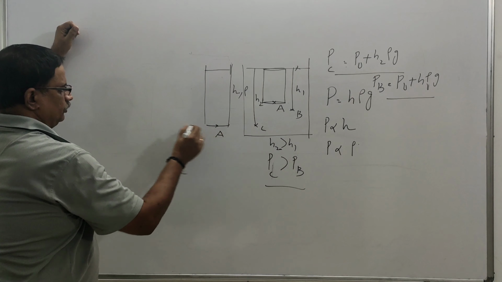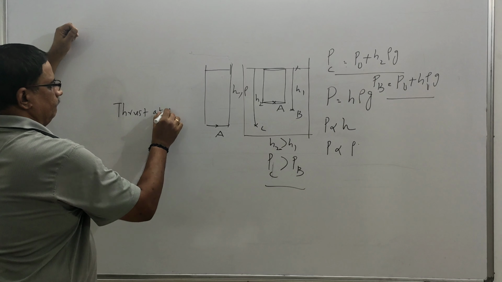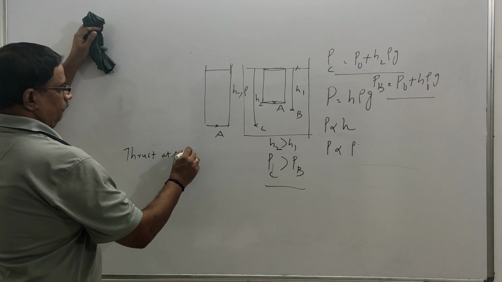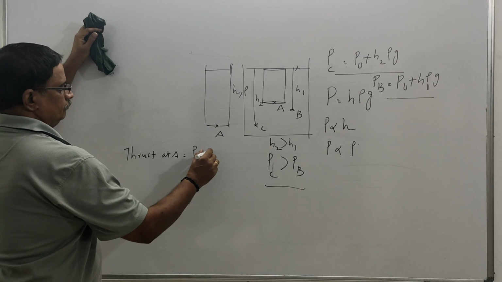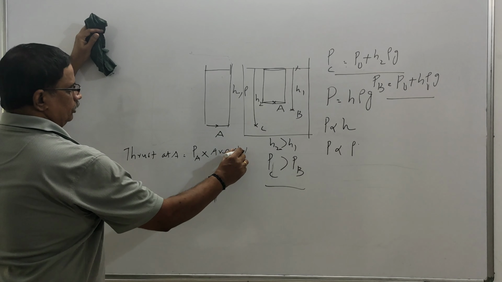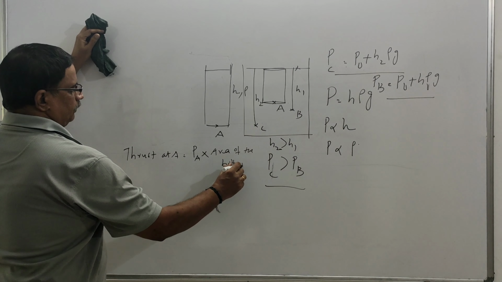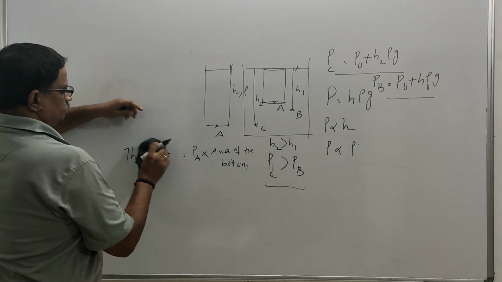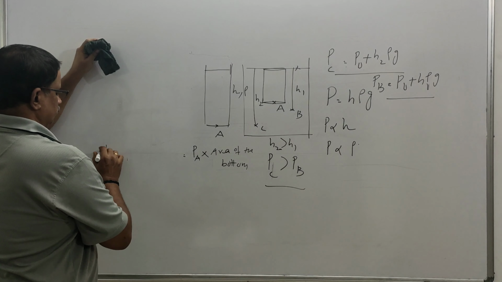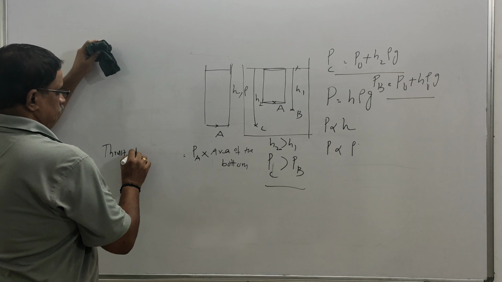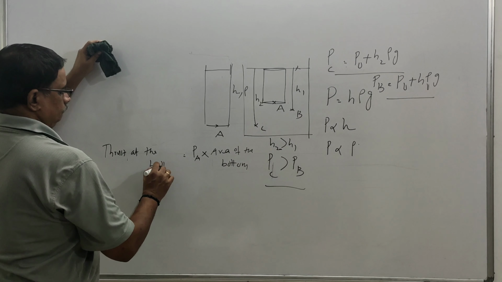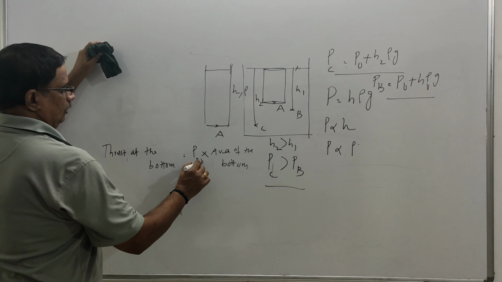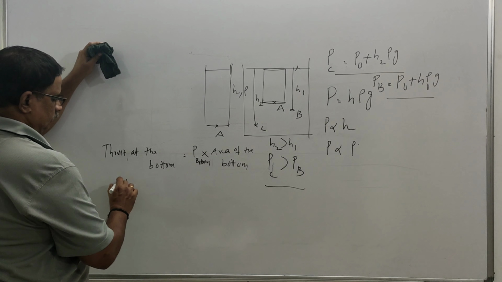So thrust at the bottom of the container will be equal to pressure at the bottom into area of the bottom.